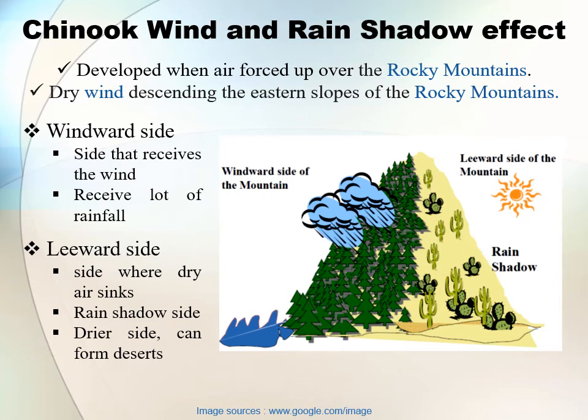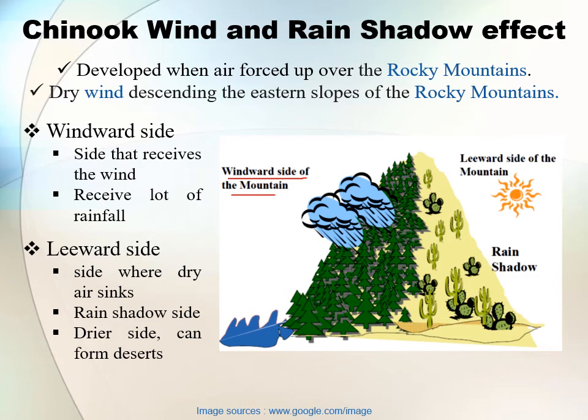The western slope of the Rocky Mountains is the windward side of the mountain, it faces the wind, and when the air goes upward, it receives a lot of rainfall.